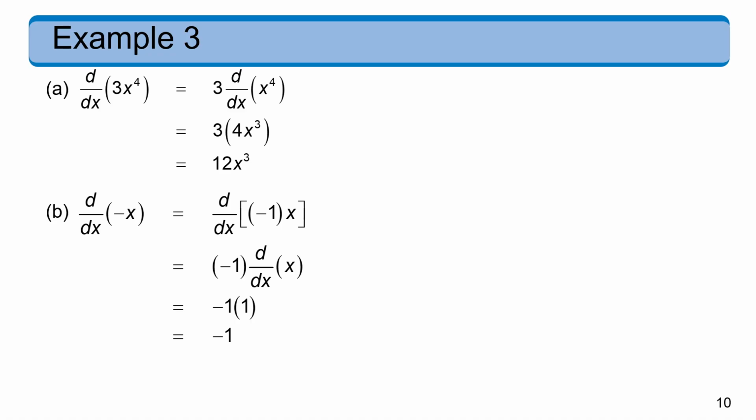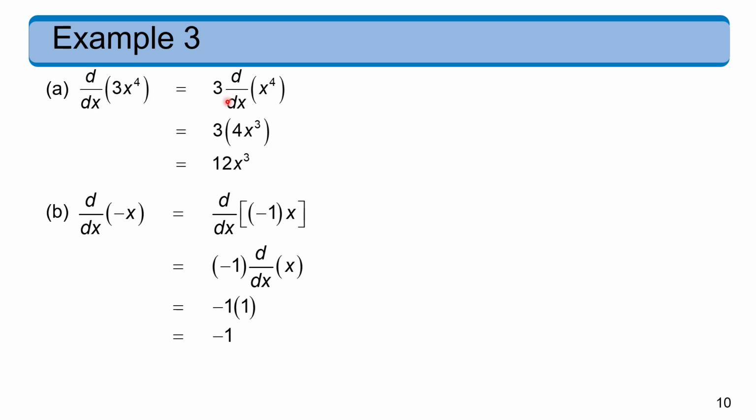In this example, we're going to use the rule that we just learned, the constant multiple rule. So in part A, we want to take the derivative of 3x to the fourth with respect to x. Notice this is a constant times a function. The function is x to the fourth, and we've got a constant in front of it. So the rule we just learned says in the Leibniz notation you can pull the constant out in front, and that's what we've written over here.